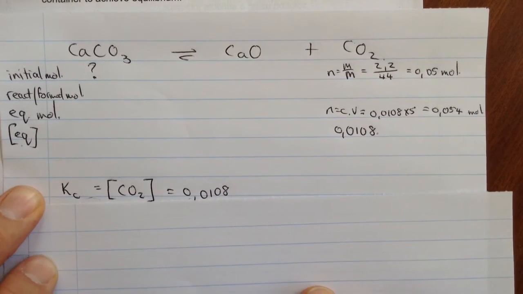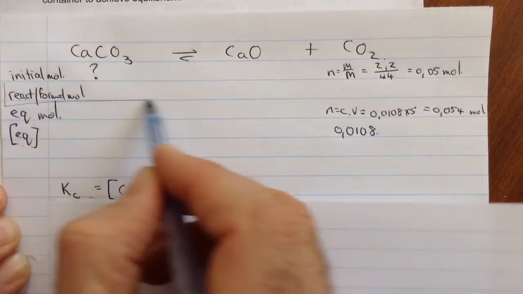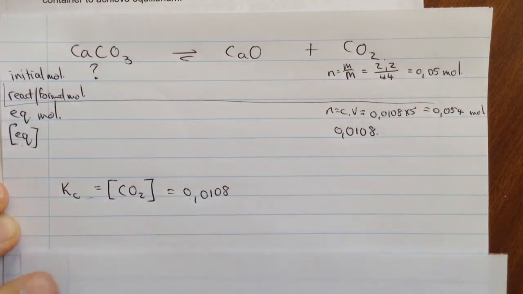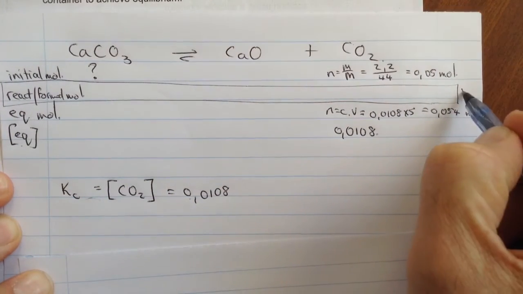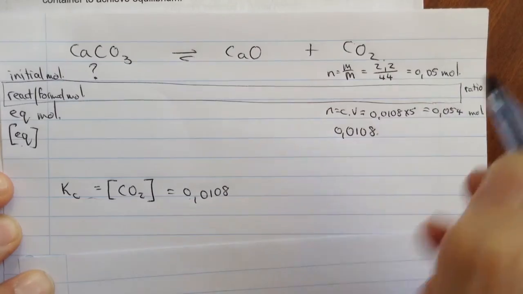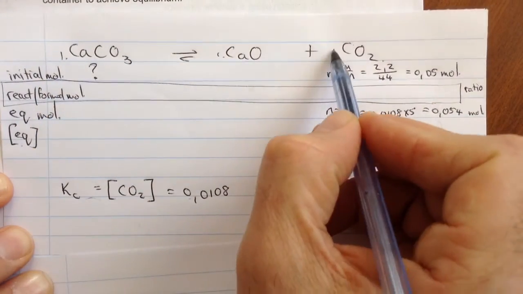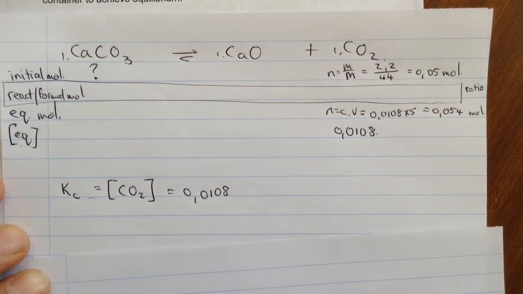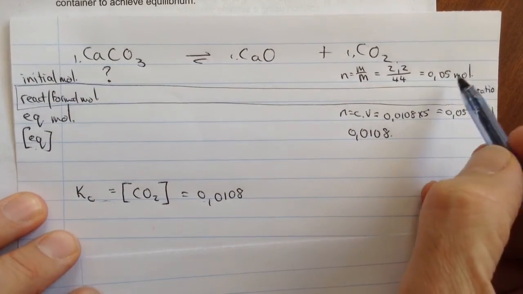Right, and now I will carry on by completing my line here, which I like to call my ratio line. Why do I call it that? Because everything in this line must be in the same ratio as the balancing numbers of my equation. So I then say the following.